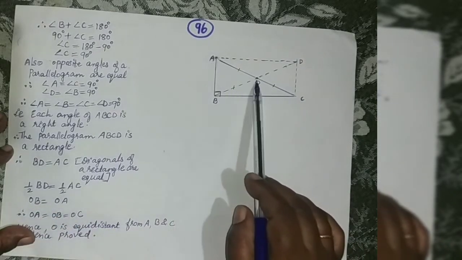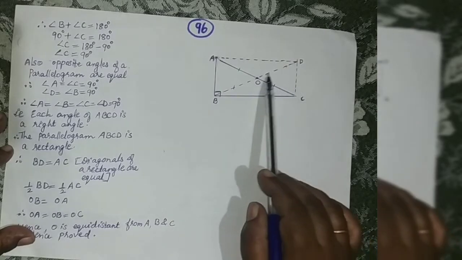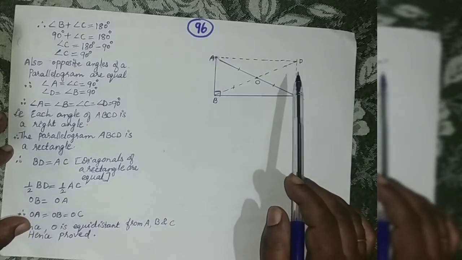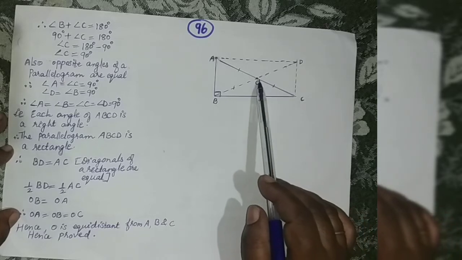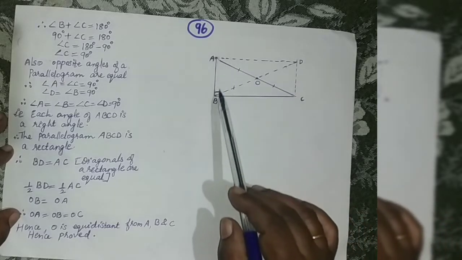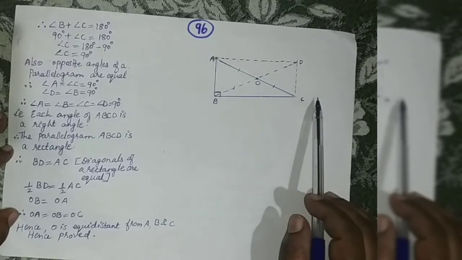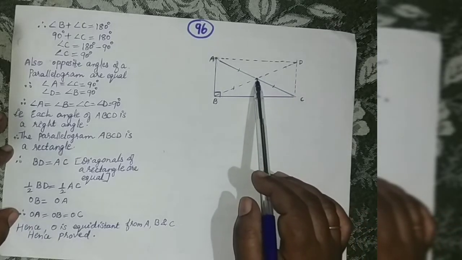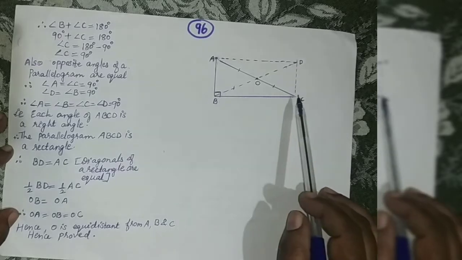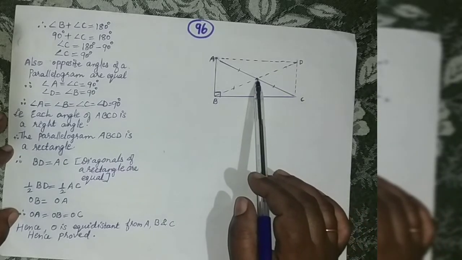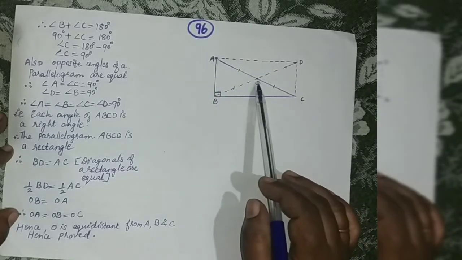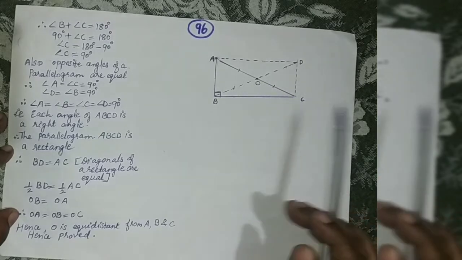OA is equal to OB is equal to OC is equal to OD. So what was asked in the question? We have to prove that O is equidistant from A, B and C. That means OA is equal to OB is equal to OC. Meaning O is equidistant from A, B and C. That means the distance from O to A, O to B and O to C is the same only.